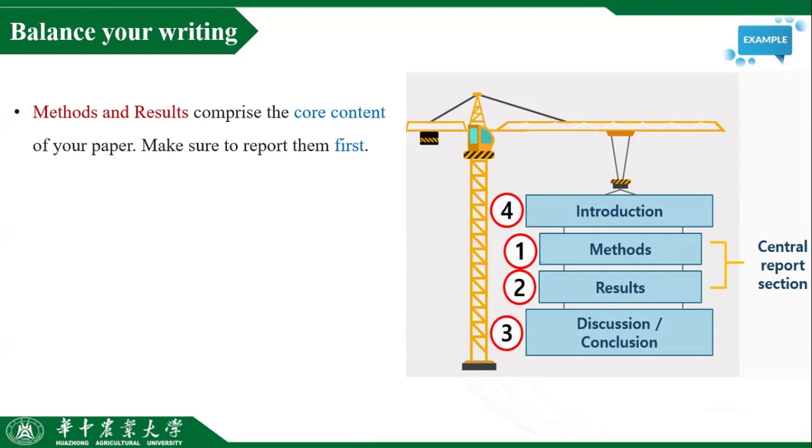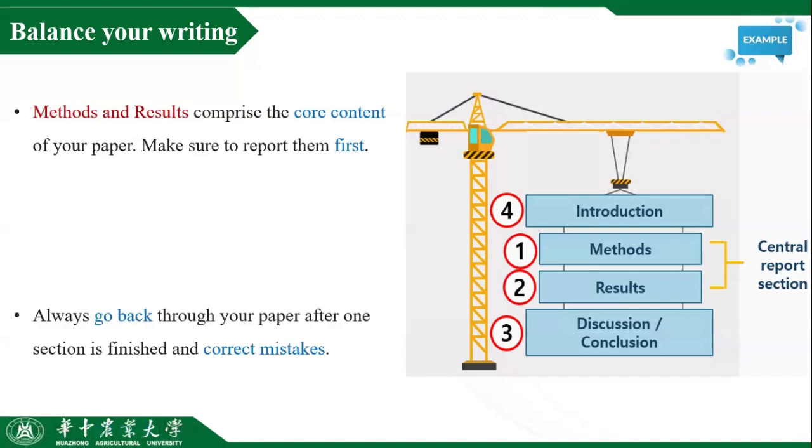If you make priority for the parts of your paper, the first one should be the method, second one, result, third one, discussion and conclusion, and the last part is introduction, because most reviewers rarely read the introduction. Yeah, unfortunately, because they just focus on your work, your result, and finally the abstract and discussion and the conclusion. So introduction is important, but it is not the most important if compared with the result and discussion and the methodology.